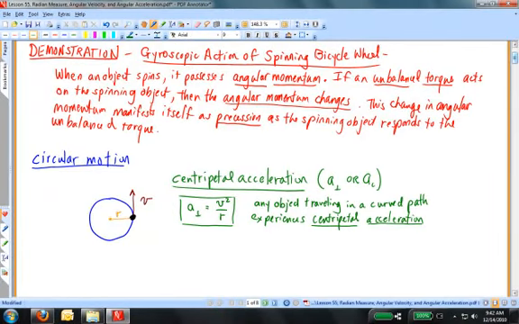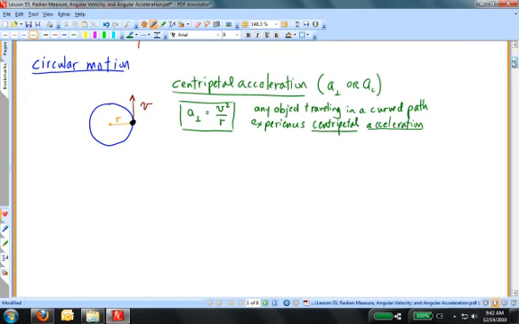We've solved problems with objects that have been moving in circular paths. We've said that some objects experience something called uniform circular motion, and uniform circular motion occurs if the object is traveling at a constant speed.